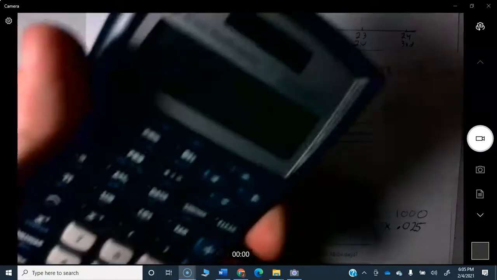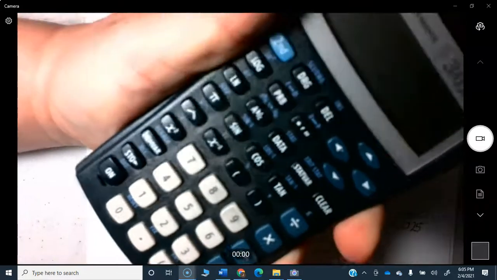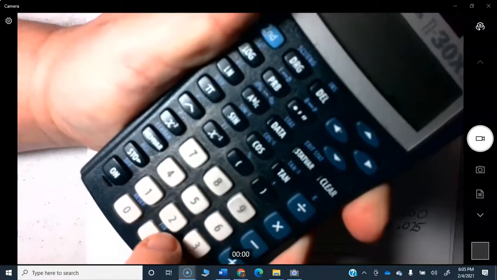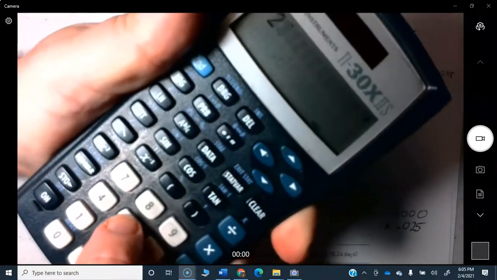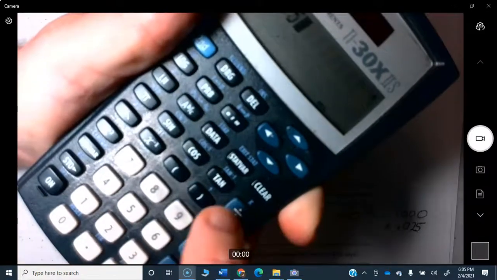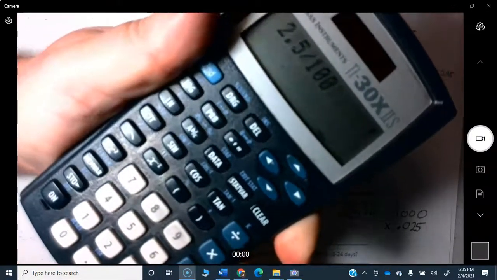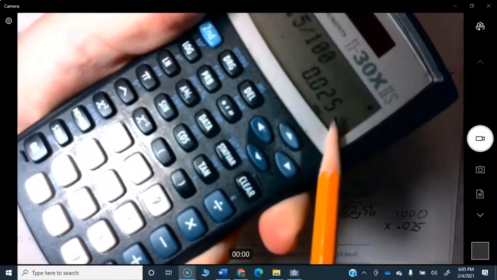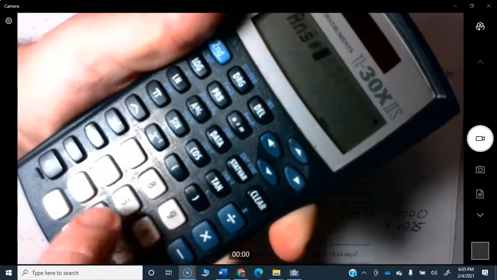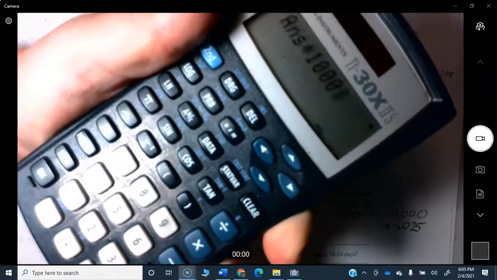And grab a calculator. So I'll just do it again formally. It's 2.5 divided by 100 equals, there's the 0.025 we just came up with, and that's times 1,000. And that gives us 25 eggs.